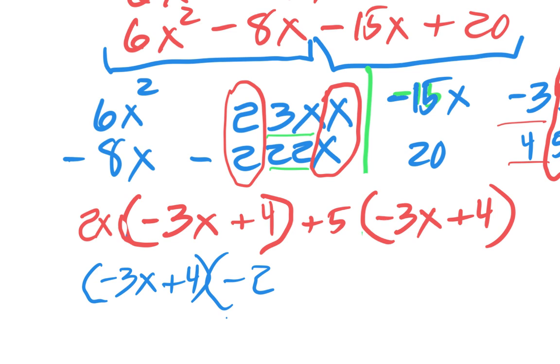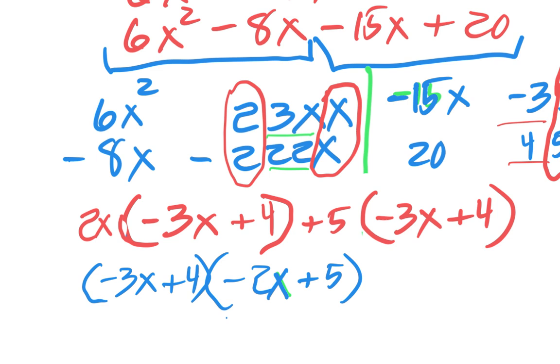Okay, let's regroup. Anyway, we got a common factor of negative 3x plus 4. So that left me with, it should just be 2x, and then I have a plus 5 from over here. All right, so that should have given us negative 3x plus 4 times the negative 2x plus 5.